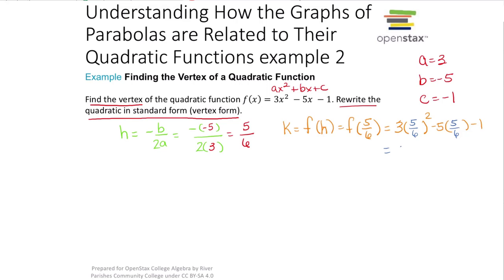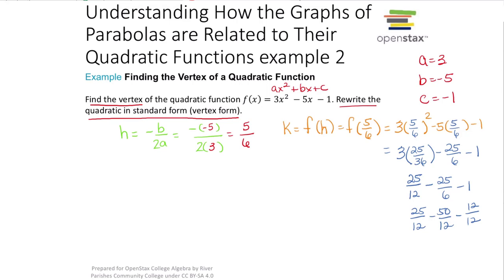So we end up with 3 times 5 over 6 squared, which would be 25 over 36, minus 25 over 6 minus 1. So then 3 times 25 over 36 will be 25 over 12, minus 25 over 6, minus 1. You can get a calculator if you need to, but this would be 50 over 12 minus 12 over 12.